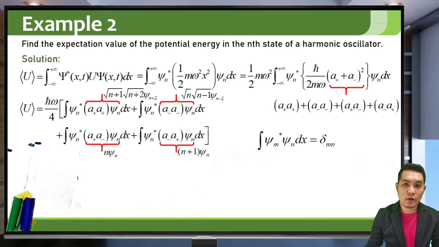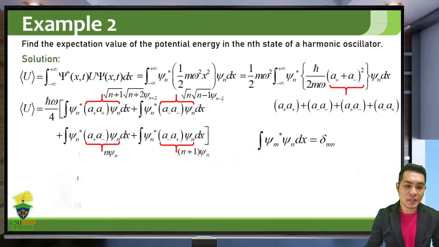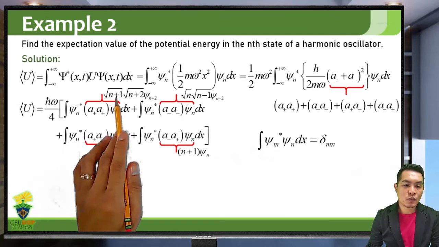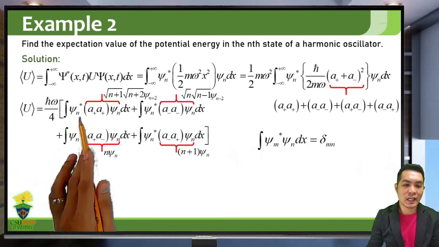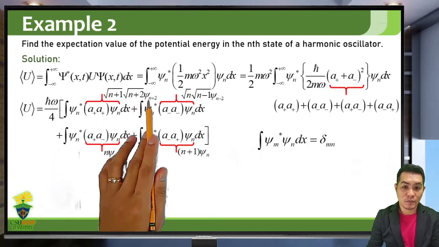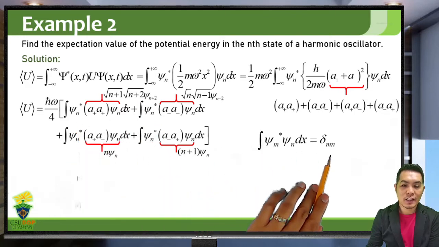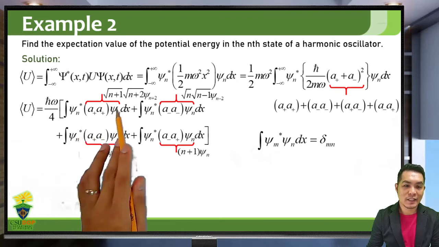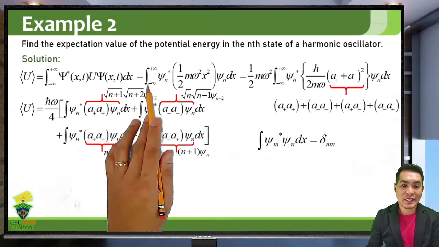So we use the orthonormality condition of our wave functions, our stationary states. You factor out the square root of n plus 1, square root of n plus 2 terms here, and you will get psi n conjugate psi n plus 2. Since the subscripts are not equal, the subscript of the wave function is n, and here it is n plus 2, therefore this is 0.